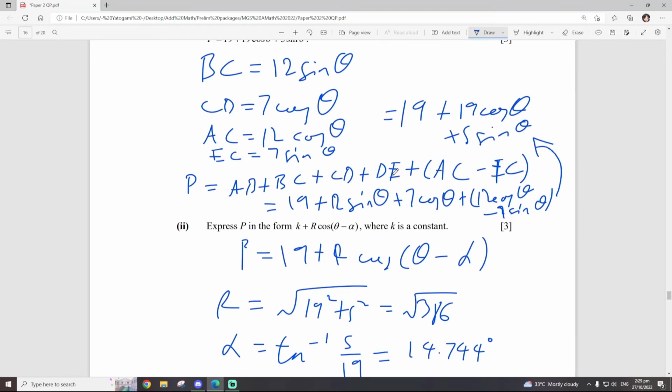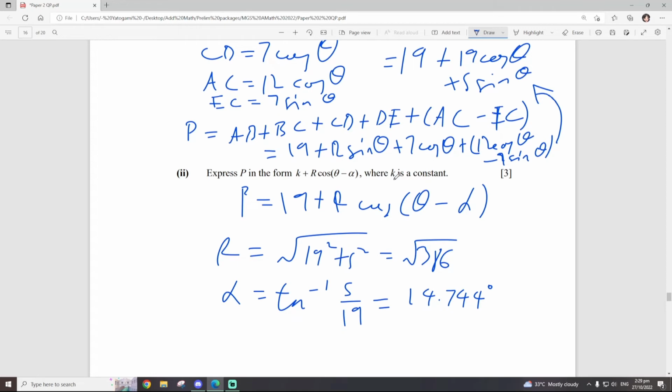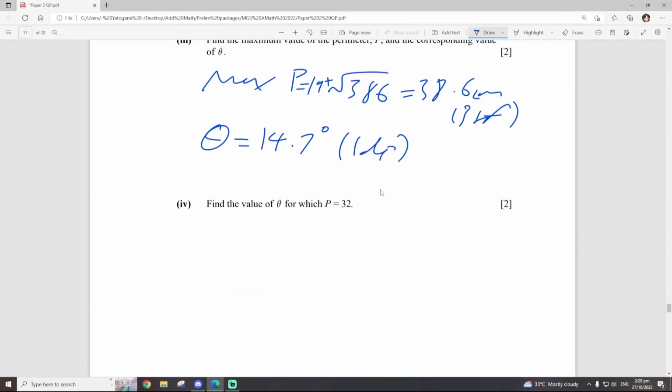So 32 minus 19. So therefore one has cosine theta minus alpha equal to 13 over root 386.